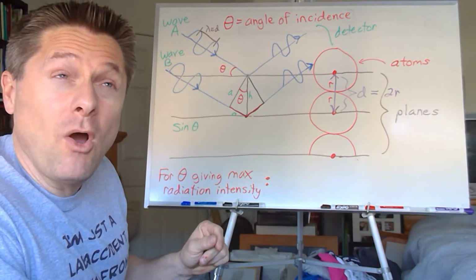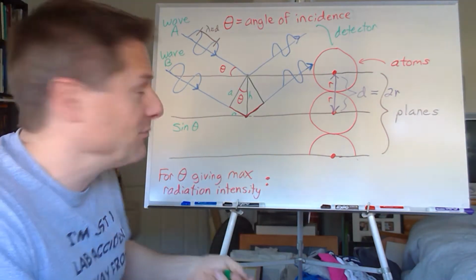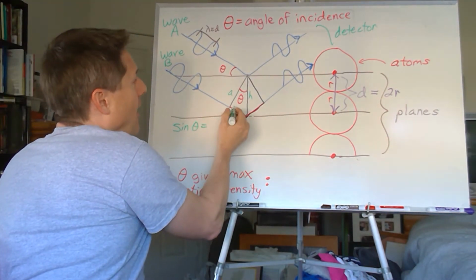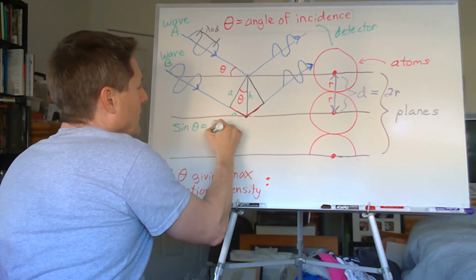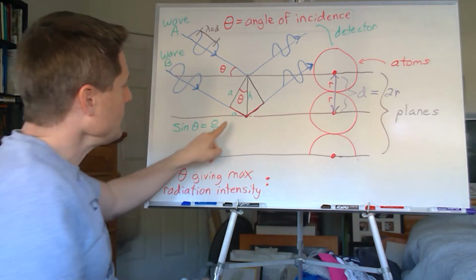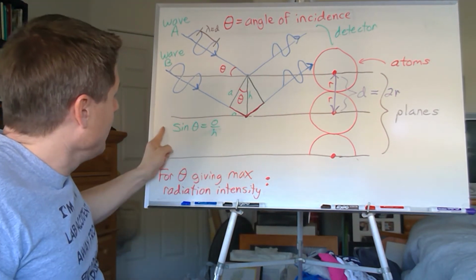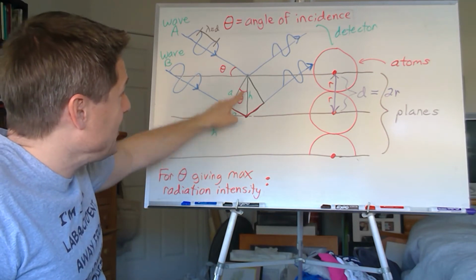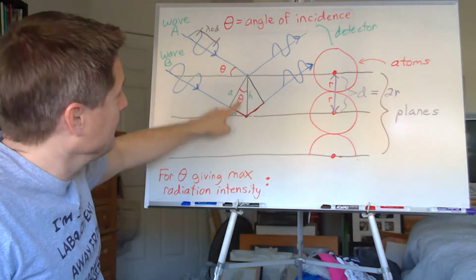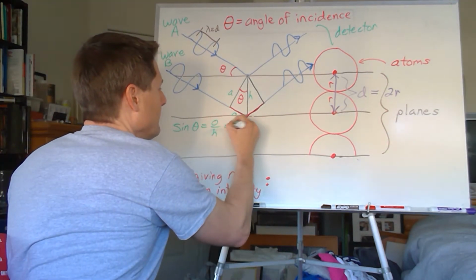So SOHCAHTOA, sine is opposite over hypotenuse, right? SOHCAHTOA, that's what I remember from geometry. So that would be the opposite over the hypotenuse, right? That over that, that's what that is. So can we multiply h on the other side? But isn't h, that hypotenuse of that triangle here, equal to d, the interatomic spacing?